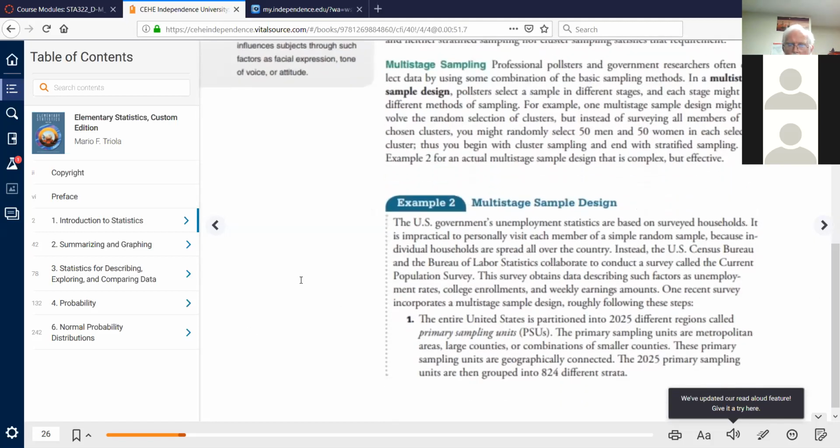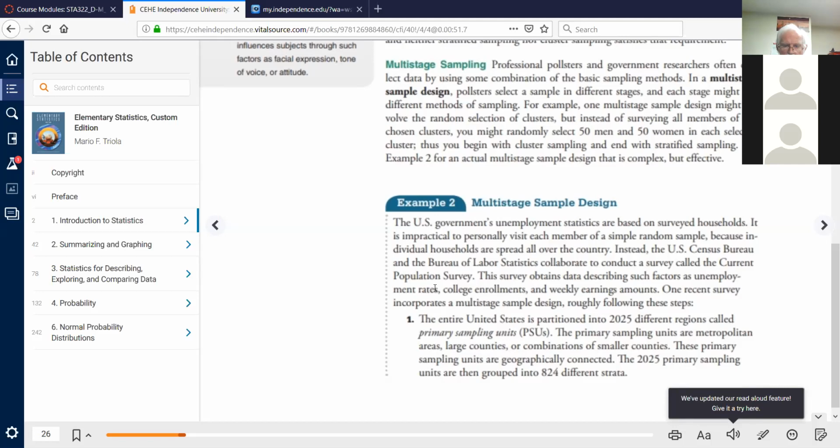So the unemployment statistics are based on households. It's impractical to really visit each member in a simple random, because individual households are spread all over the country. Instead, the Census Bureau and the BLS, the Bureau of Labor Statistics, will collaborate on a survey that they obtain fairly often, a lot more often than the decennial census.